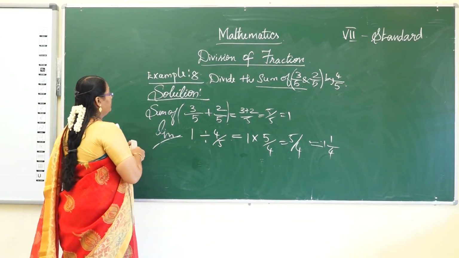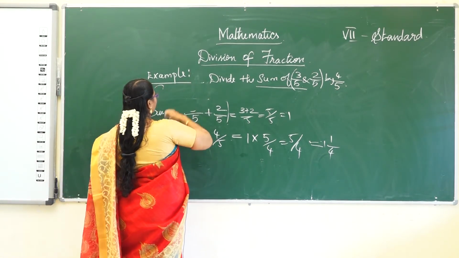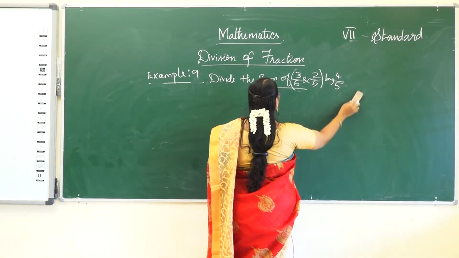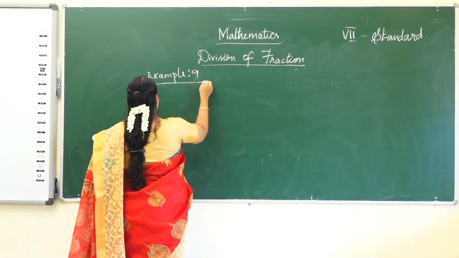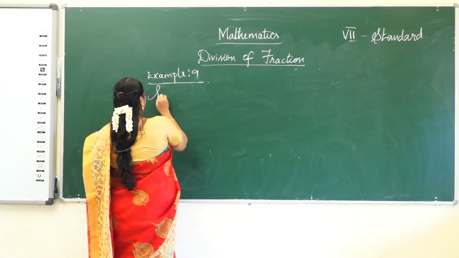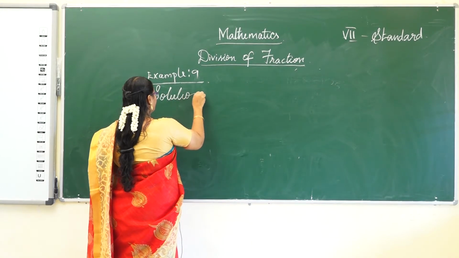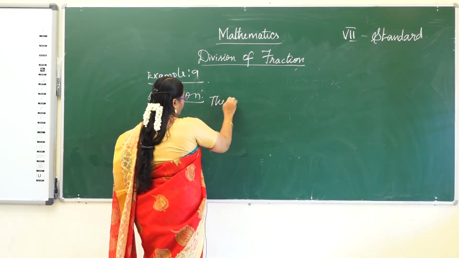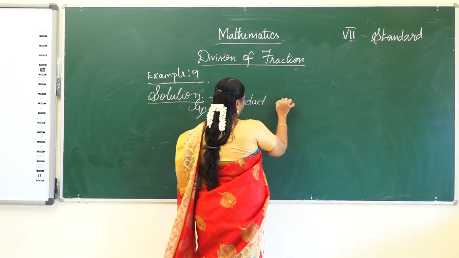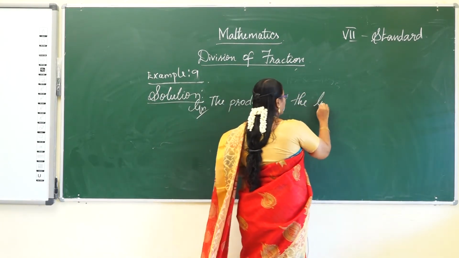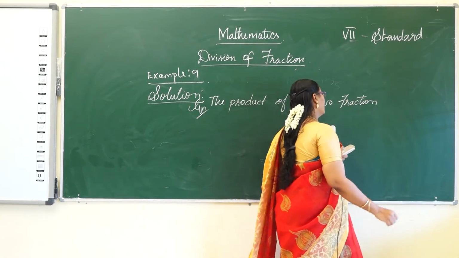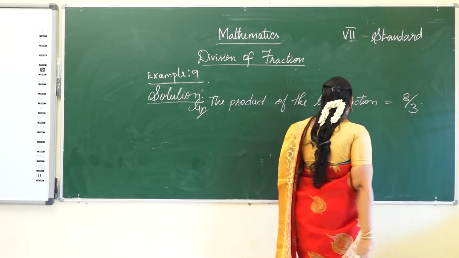Now see example 9. The product of two fractions is 8 by 3 is given.